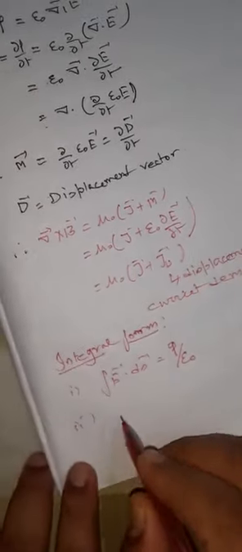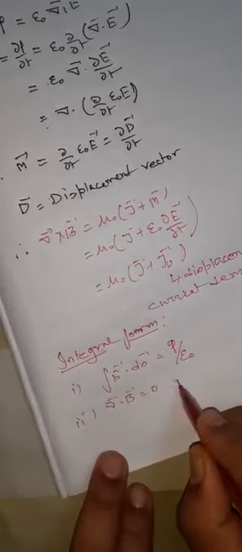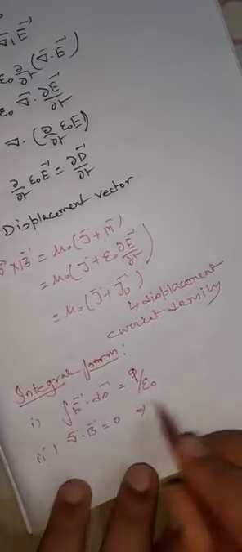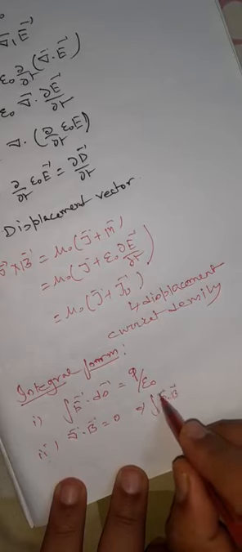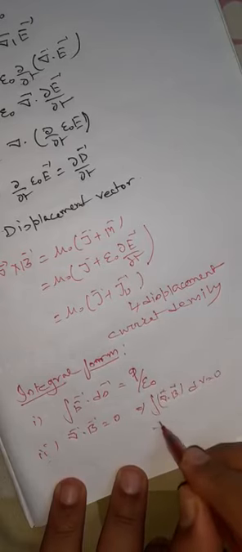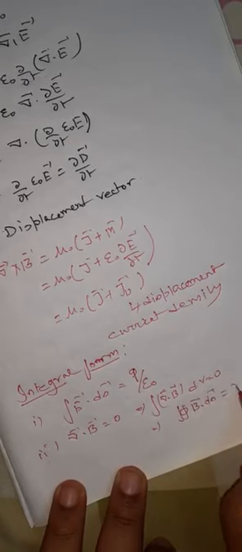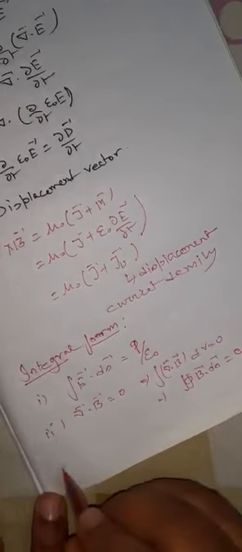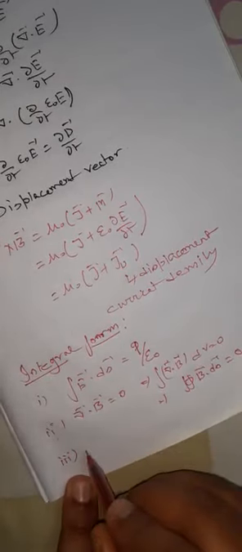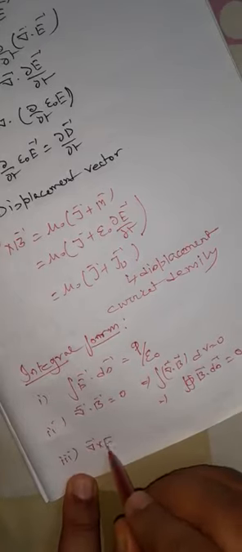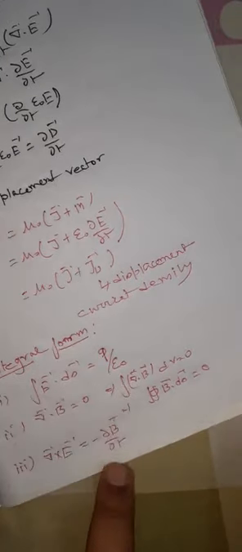The second one is, divergence of B is 0. So from here I can write integral of divergence of B dV equal to 0. So this means we can write B dot dS equal to 0. The third one is curl of E is equal to minus del B del t.